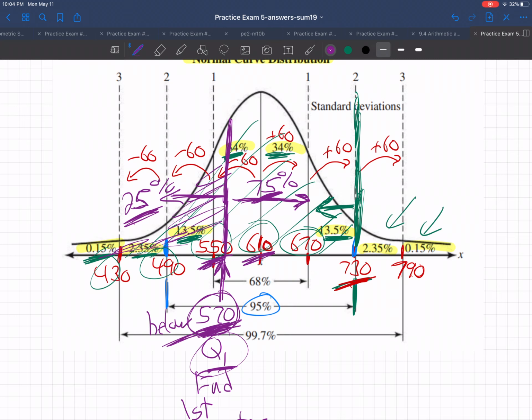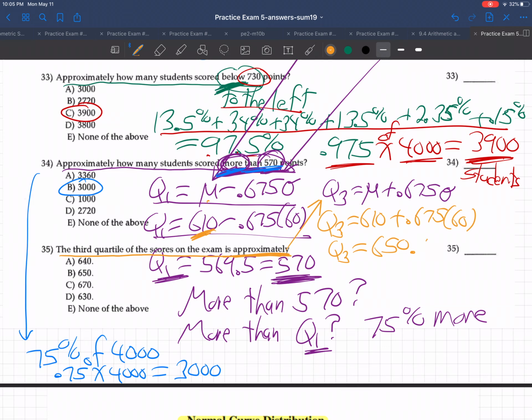What's sigma? 60. So Q3, use your calculator. I'm doing mine, and I'm getting 650.5. Now, just grab the 650.